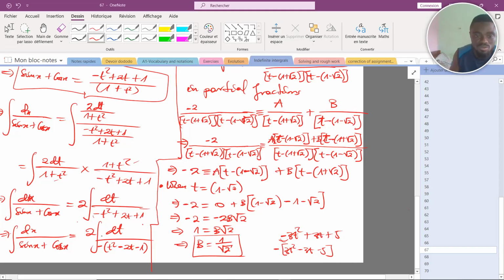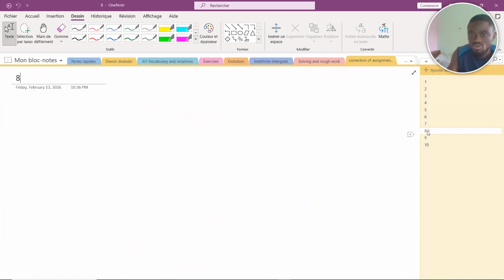Let's take, for example, let's say we keep this minus. Look at something. Let me do a rough work. We have minus t squared plus 2t plus 1. Let's say you factorize it. Let's calculate first of all delta here.